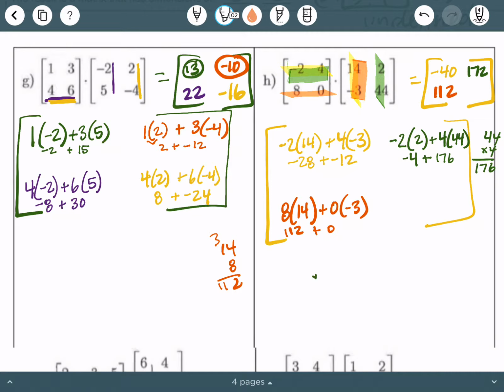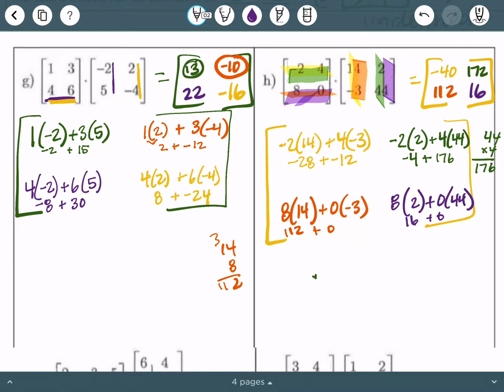And then finally, in my last section, I have 8 times my second row over here. So that is 8 times 2 plus 0 times 44. That gives me 16 plus 0, which is just 16. Right?